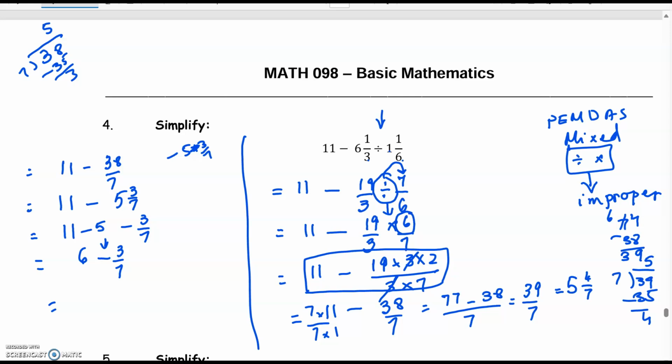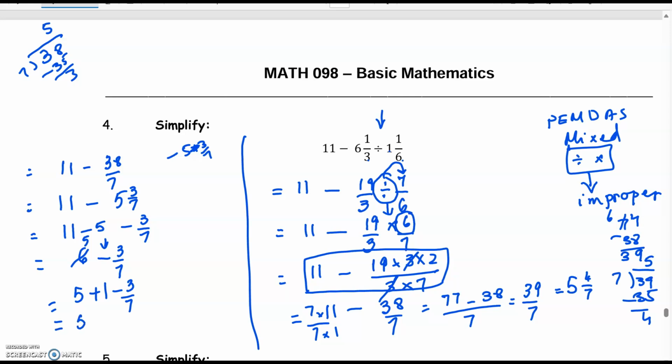So we borrow a 1. Remember this technique. We borrow a 1, make it a 5, but we have to account for the 1. So it becomes 5 plus 1, which is 6. And now I'm going to subtract the 3/7 from 1.